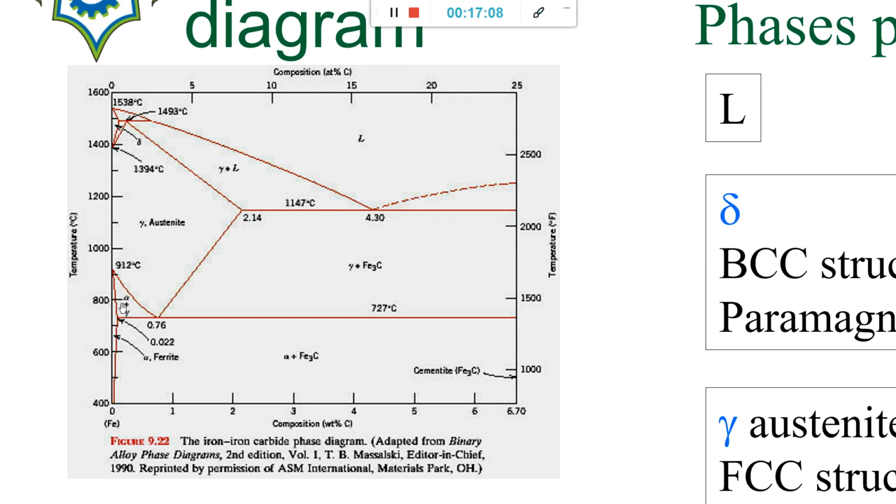Again in this place there is alpha ferrite plus gamma austenite. This place is completely dominated by gamma austenite. Here we can see ledeburite, that is alpha ferrite plus cementite, and this is gamma austenite plus liquid. Here we can see delta ferrite, and these are the temperatures.